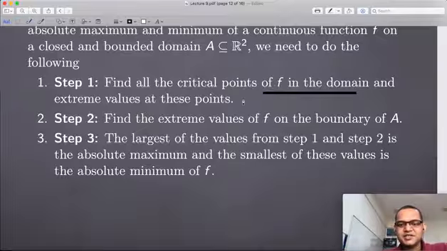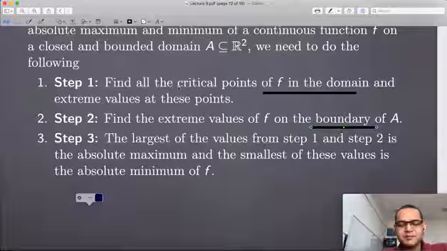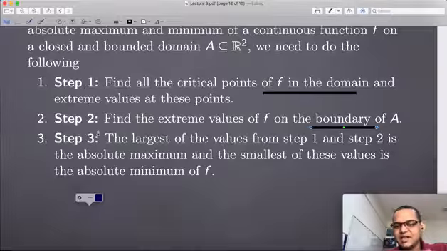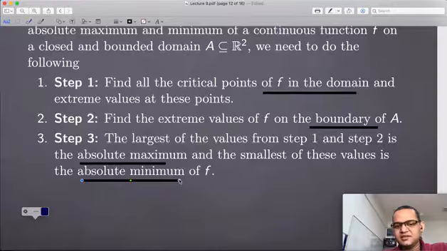Because these are the two possibilities where maxima and minima will exist, you have to compare the values obtained in step 1 and step 2. The largest value gives you the absolute maximum, and the smallest gives you the absolute minimum. This can be slightly lengthy in terms of computations, but the idea is very straightforward.